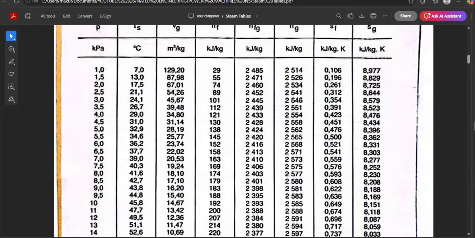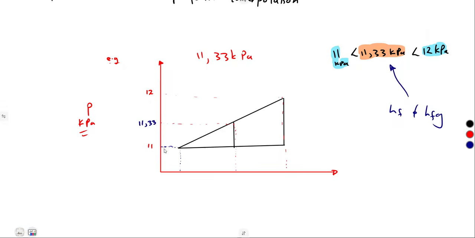Let us go back. We said HF. These are the values, remember, in the horizontal: HF, HFG. If you start with HF, make sure that it corresponds to 11, the HF that is at 11. Then you move on to HFG, the value that you're going to obtain.